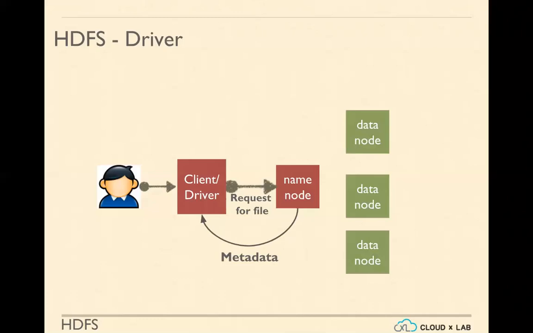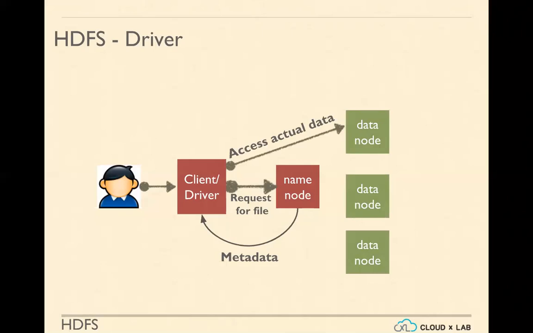Whatever is in the memory, name node instantaneously replies with that. This metadata is in the memory of name node. It just replies with that. The client, based on this metadata, locates which data node it needs to go to for fetching which block.